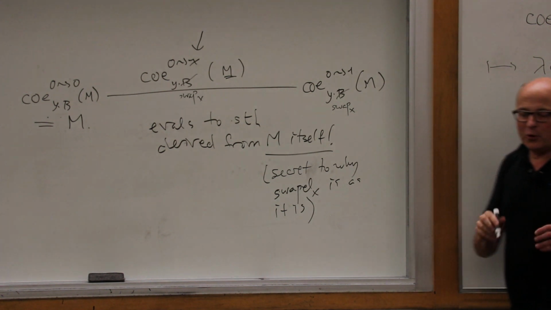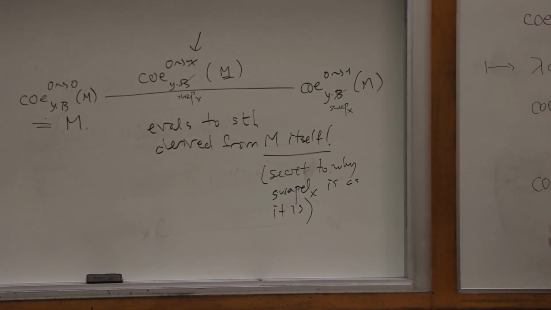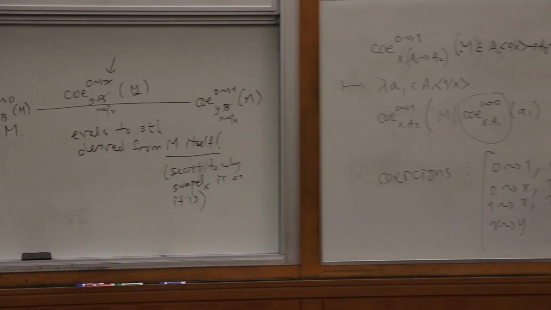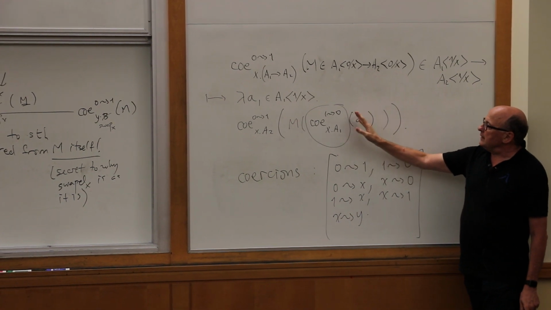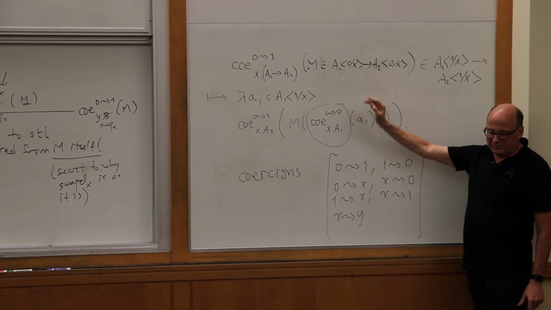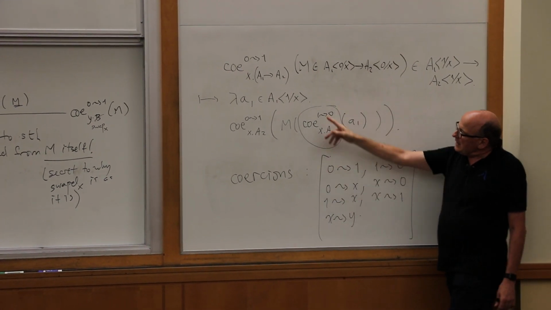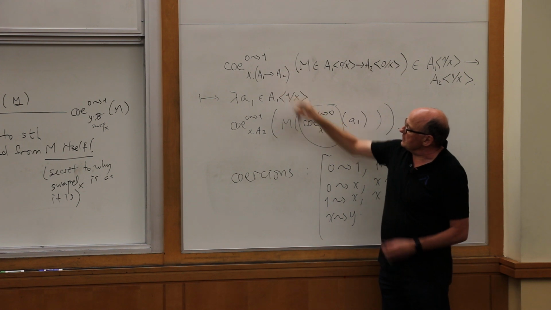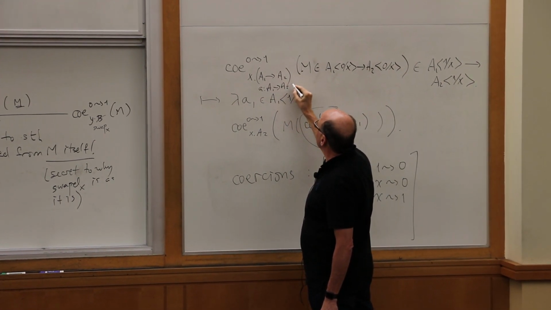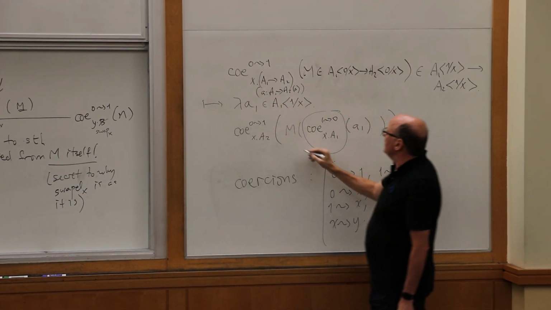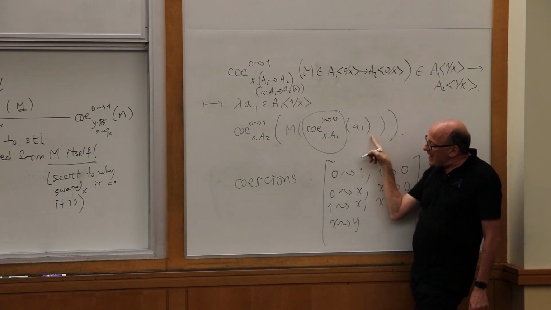I had hoped to amplify this point because it's kind of cool to see how this stuff works. But in the end, I need all of these coercions. I was not able to explain them because I've now run out of time. If you want to puzzle for yourself, without other knowledge, you probably won't be able to solve it. But puzzle for yourself what happens if this is a dependent type. If this is A colon A1 arrow A2, where the A can occur in A2, something is going to go wrong because the type of this will have that in it.